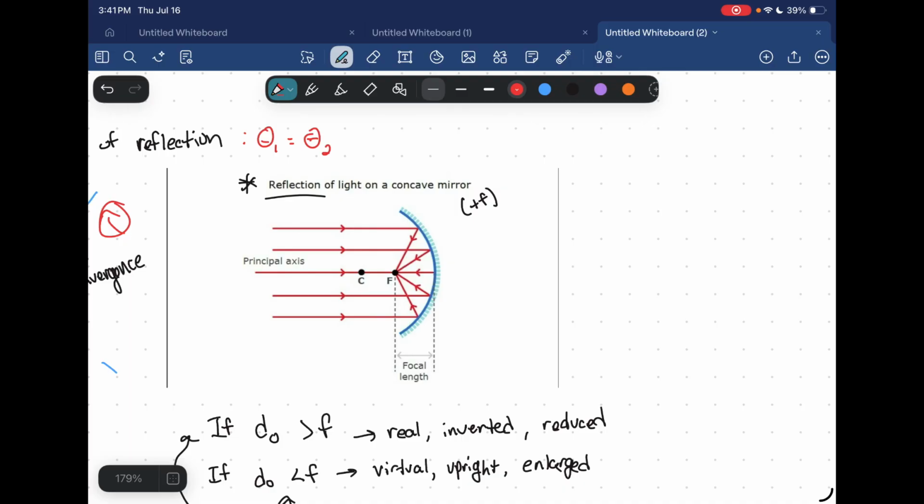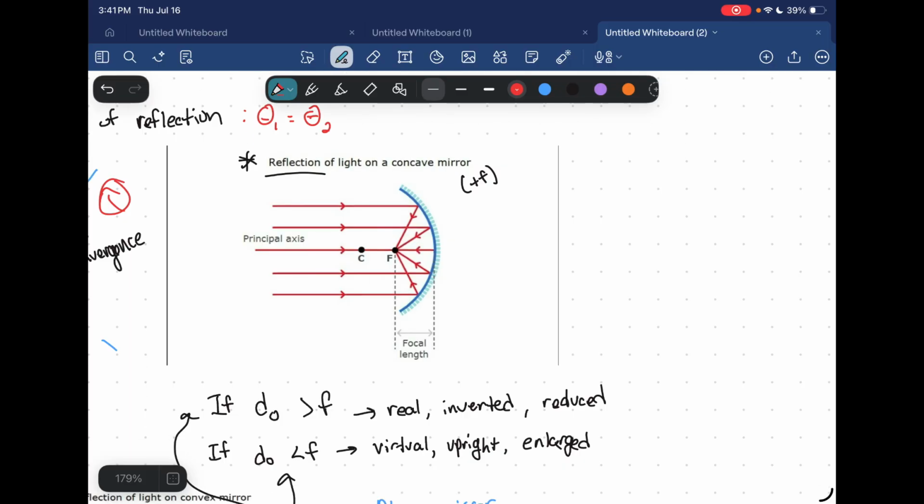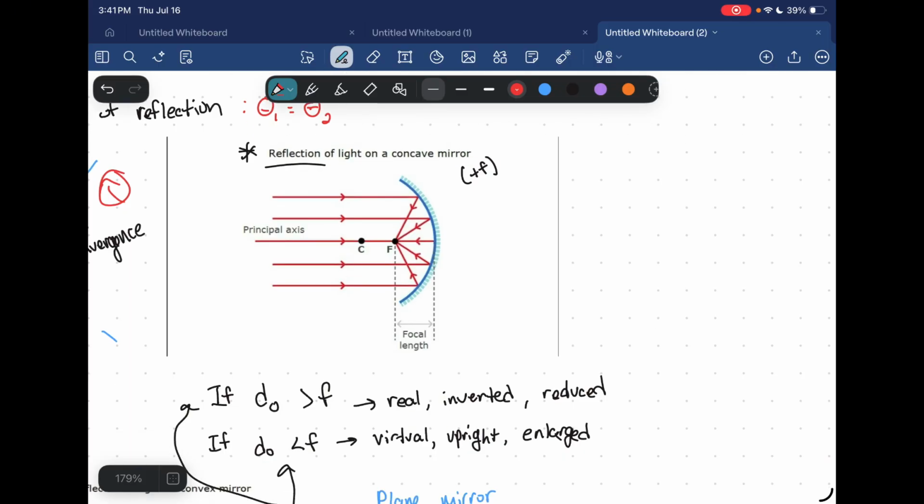So what determines the image we see? Well, it depends on where the object is compared to the focal point. So if the object, DO, is outside of the focal point F, the reflected rays can actually meet in front of the mirror. And since light physically comes together at this point, the image is real and inverted.